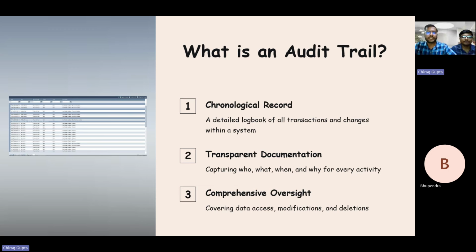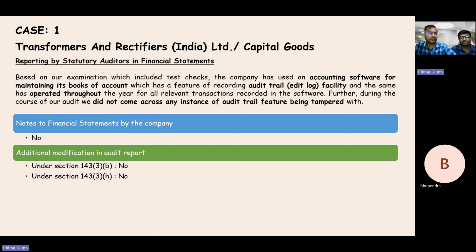Take Transformers and Rectifiers India Limited, which deals in electrical capital goods, where the statutory auditor has reported with this language: based on our examination, which included test checks. This means that the auditor has made test checks, like sampling, over the transactions, and the company has used accounting software for maintaining the books of accounts which has a feature of recording audit trail.